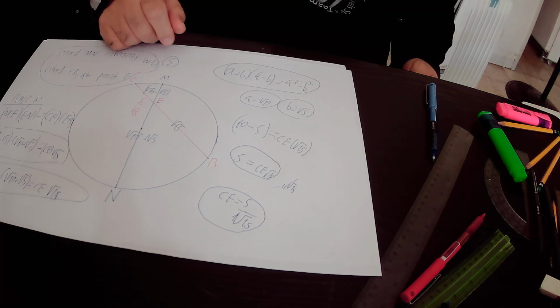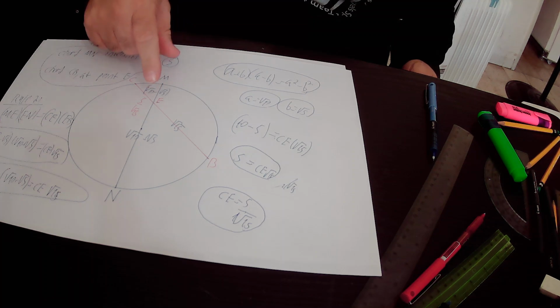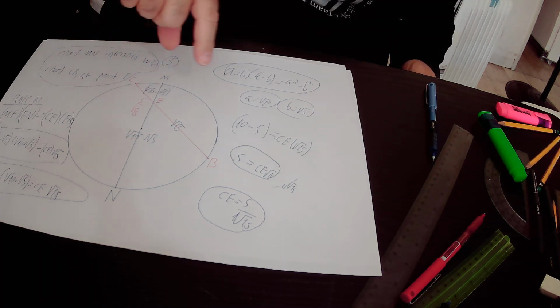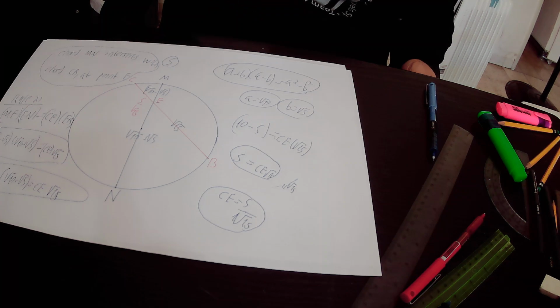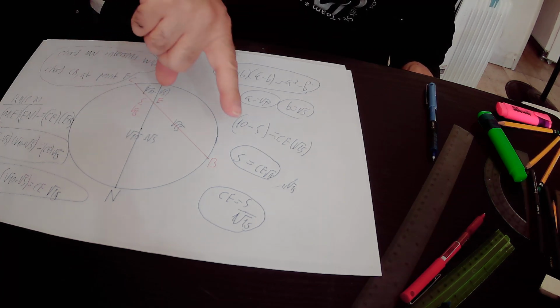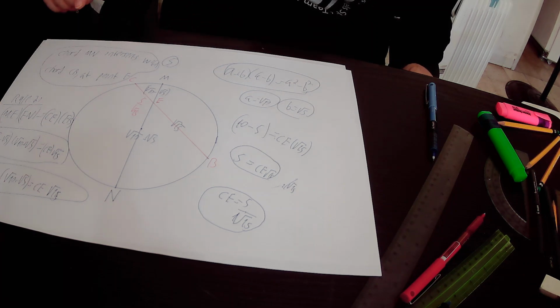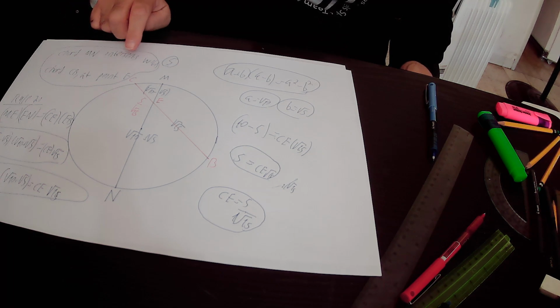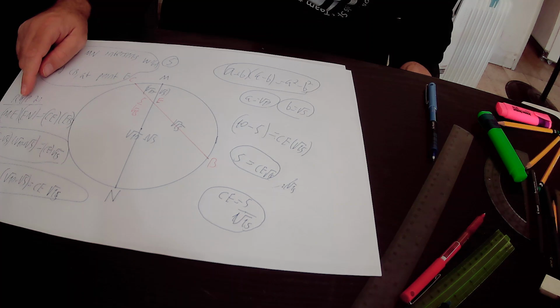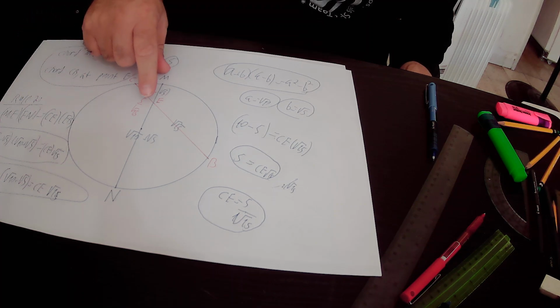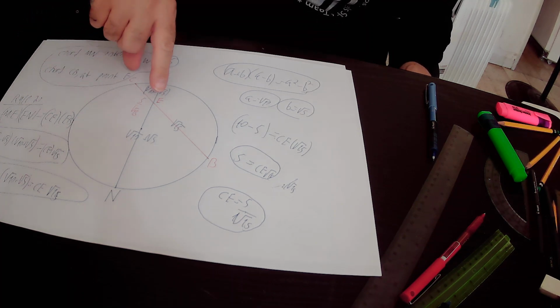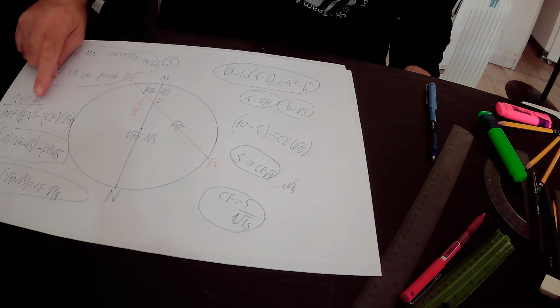So, according to rule number 2, ME times EN equals CE times EB.